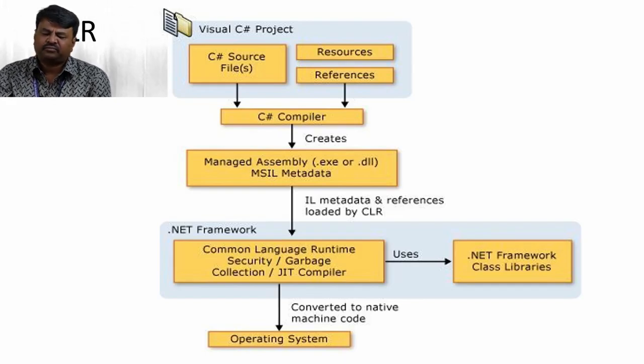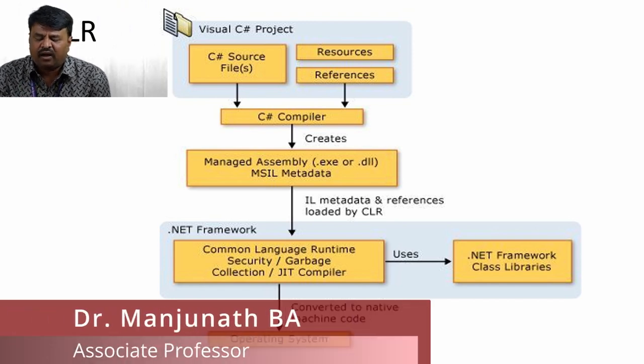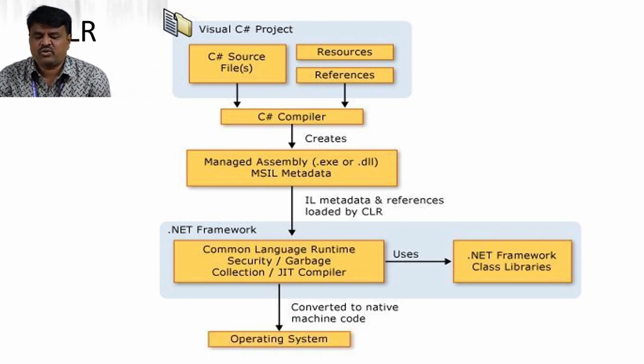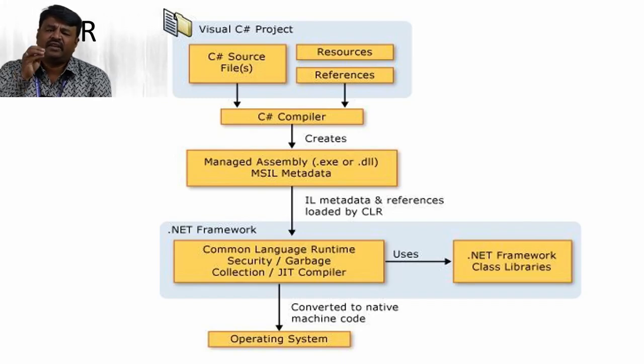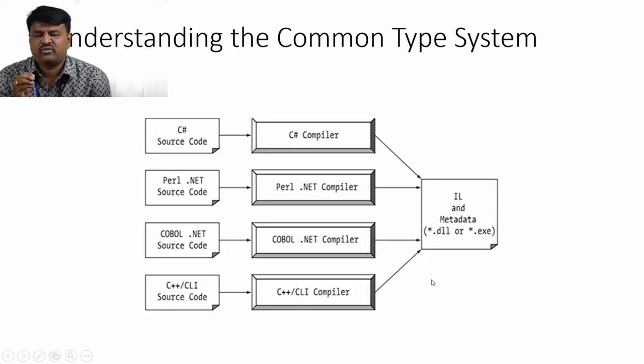And here, C# source code is there, Perl .NET source code is there, COBOL .NET source code is there, C++ source code is there. You can write in any language, with a C# tool, .NET tool, COBOL tool or C++ tool. But Visual Studio will combine all the languages together with their respective compilers.